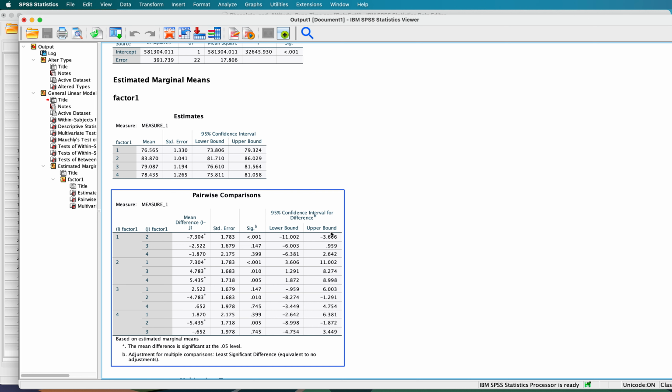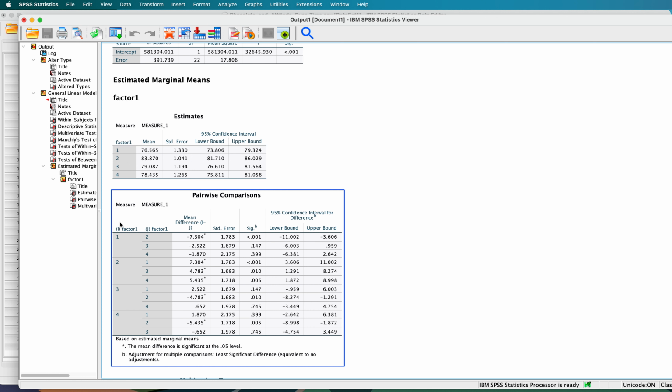When comparing these, we're looking at the significance right here, and since this is less than 0.05, we see that it had a significant impact. So there was a significant overall increase in attitude after the chocolate had been consumed in that 5-minute test.